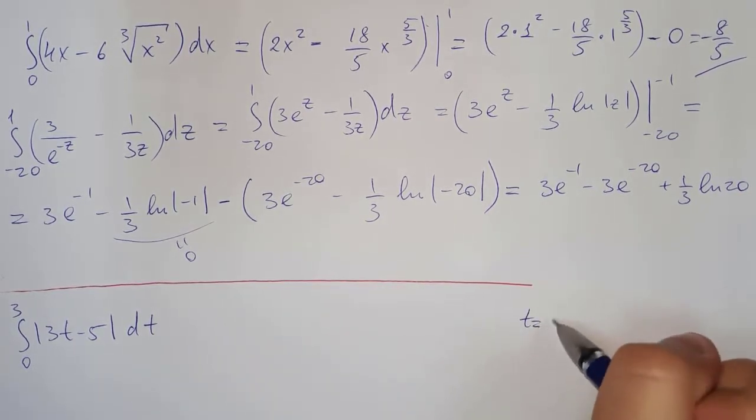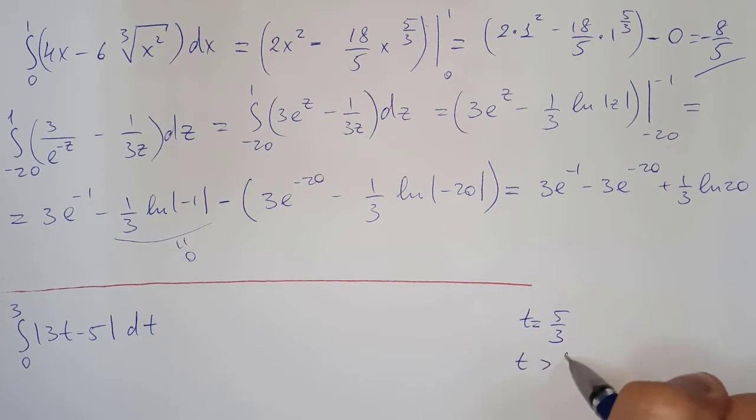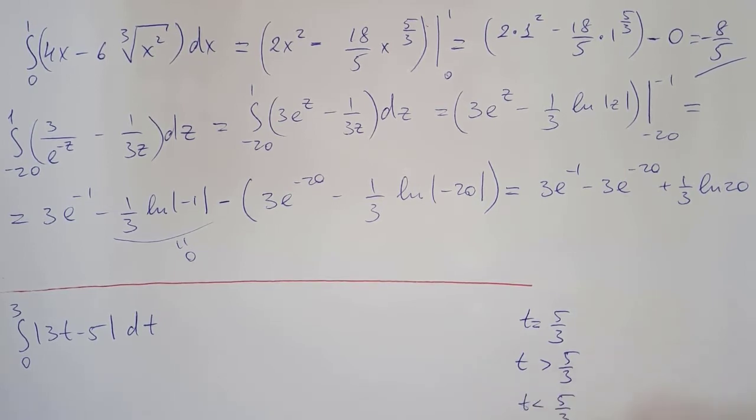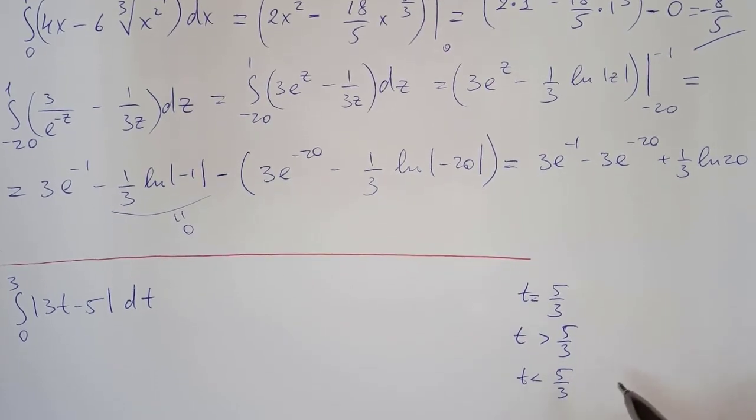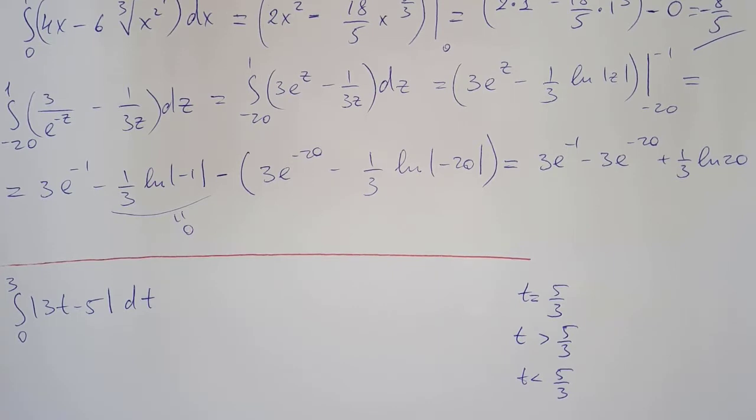Let me write here 5 over 3. If t is greater than 5 over 3, the quantity inside the absolute value is positive. And when t is less than 5 over 3, the quantity inside of the absolute value is negative.